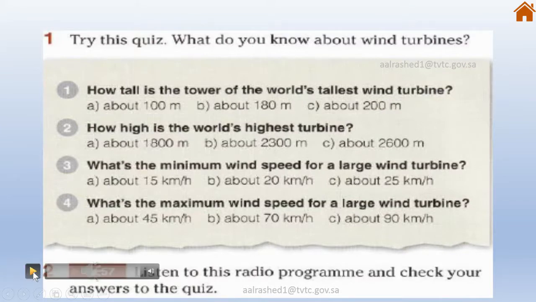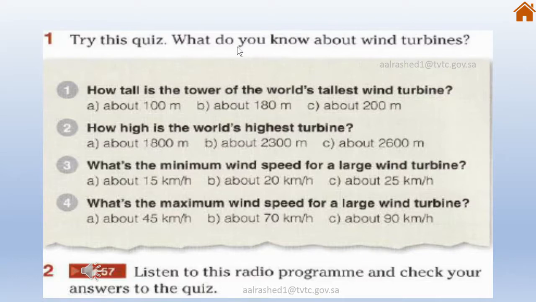Okay, let's try to hear and try to choose the correct one. Unit 11. Recording 57. The German company Enercon manufactures the world's tallest wind turbine. The tower of this huge turbine, the Enercon E112, is 186 meters tall.